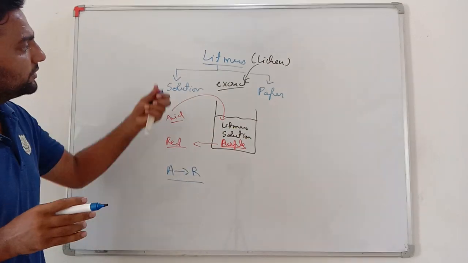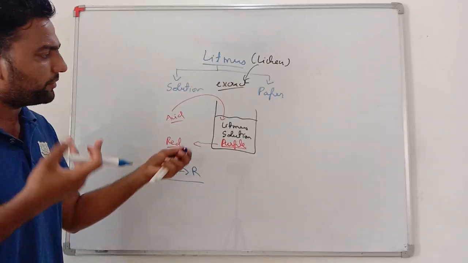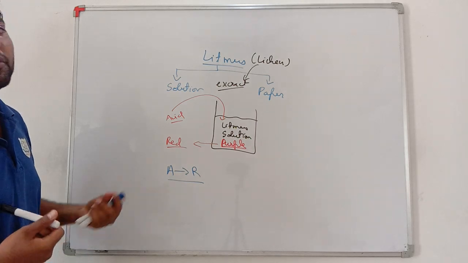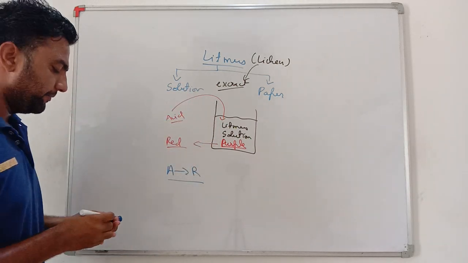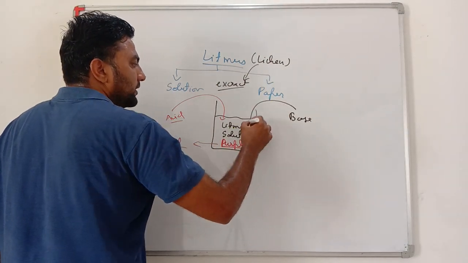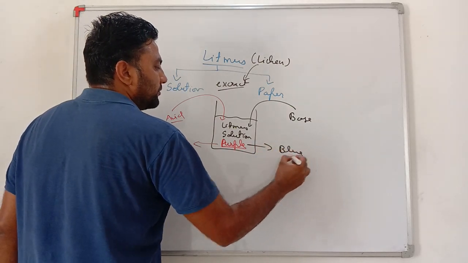My dear students, you just need to mug it up. You just need to create your own shortcuts to memorize all these things, because behind this, there is no need to go deep. Just memorize what change in color is happening. And if we add base in litmus solution, the purple color changes into blue.